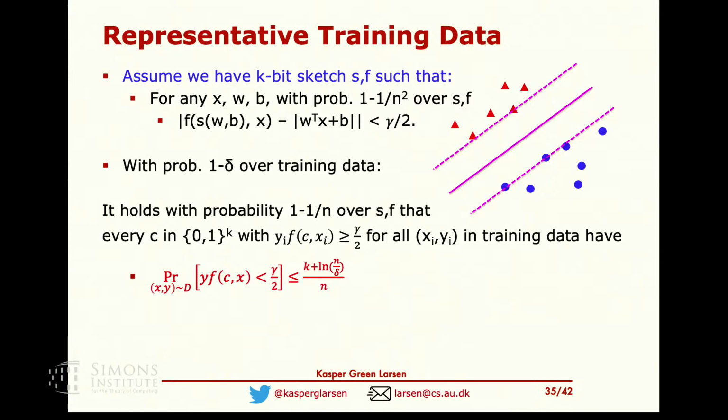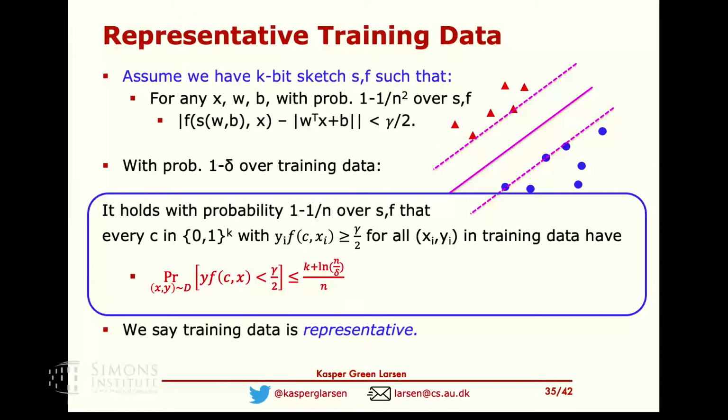With probability 1 minus delta over a training data set, all the stuff in this blue box holds. With probability 1 minus 1 over n over the choice of the randomness in the sketch, the statement from before holds, right? Every single output in the sketch that approximates everything to something large also has a small error under this distribution. Does this make sense?